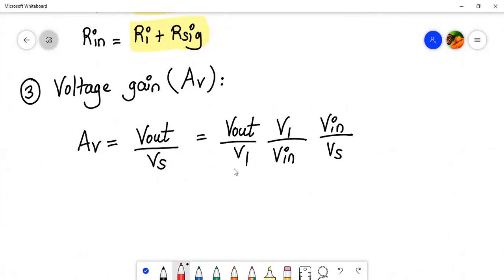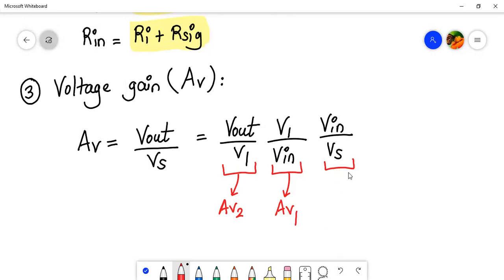Now, if you look carefully, the first quantity over here, V out upon V1, is nothing but your second stage gain, AV2. And the second quantity, V1 upon V in, is my first stage gain. And your V in upon Vs is because of the internal resistance of the source. Now, this quantity we have to calculate.